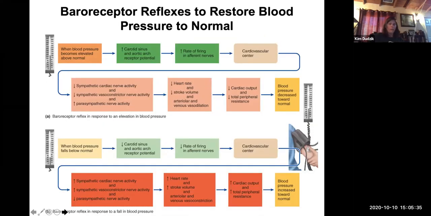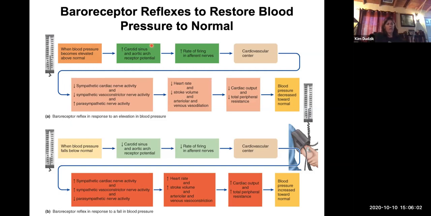Next one. How does our cardiovascular system sense when blood pressure is off? And then what does it do to bring us back to normal? So that has to do with these baroreceptors. Remember when we talked about mechanoreceptors earlier in the semester, and I said those were things that respond to physical pressure.